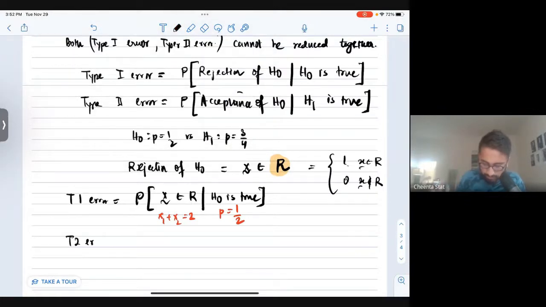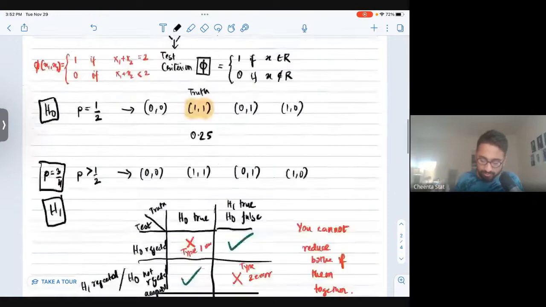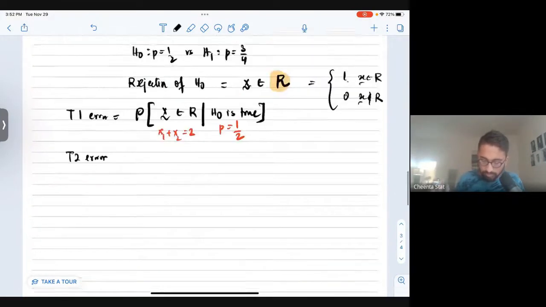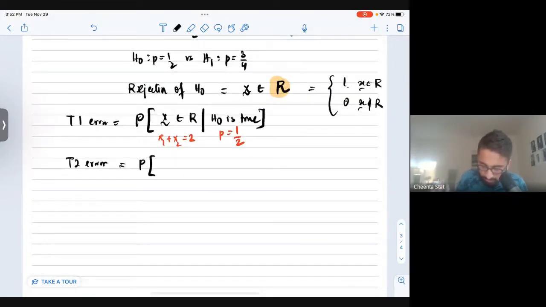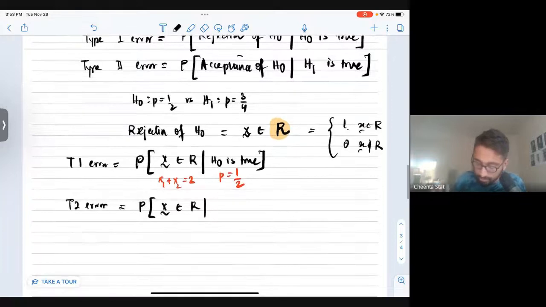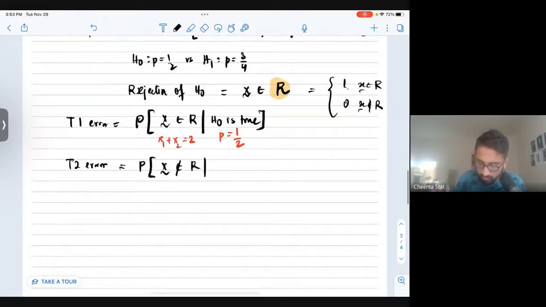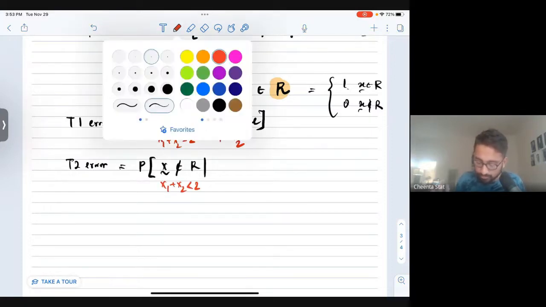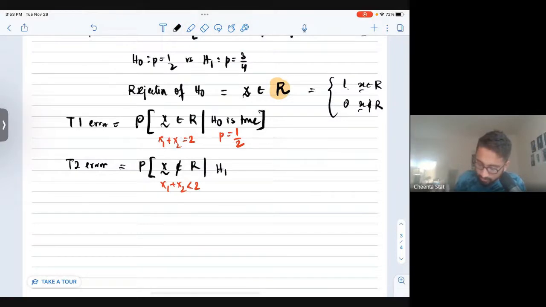And type 2 error is the probability that X does not belong to R, that means acceptance of H0, which means X1 plus X2 is less than 2, given H1 is true, that is, p is equal to 3 by 4 in this case.